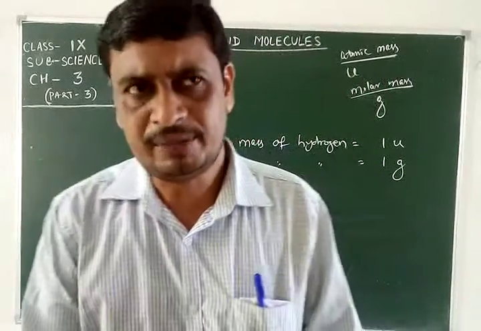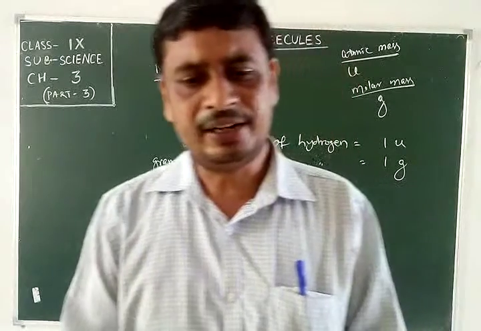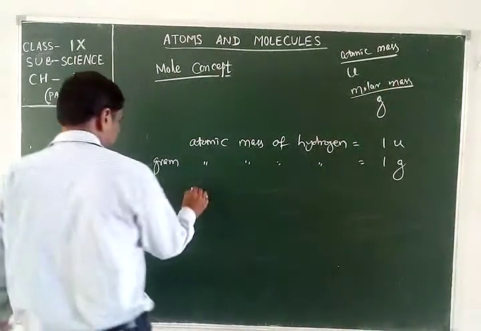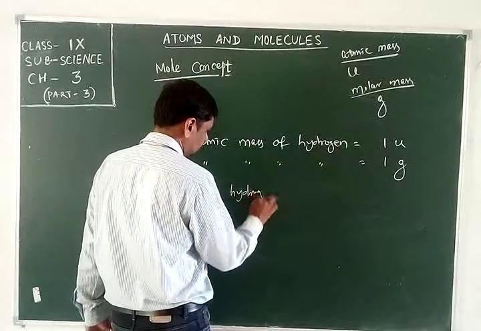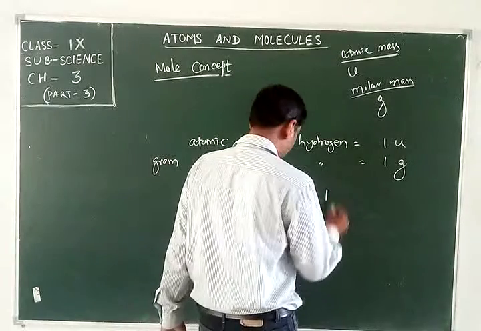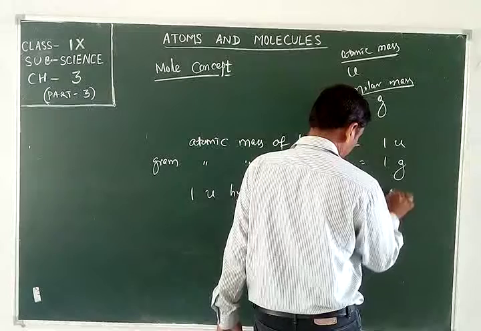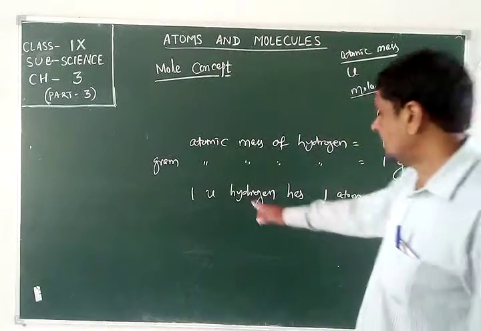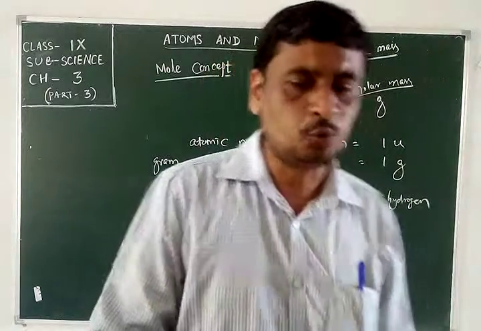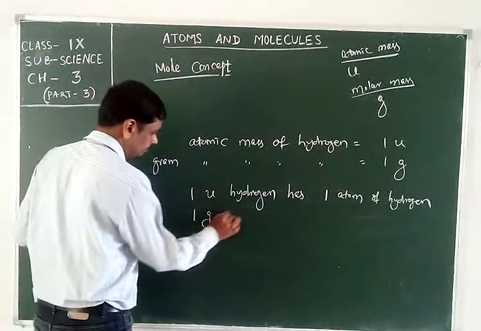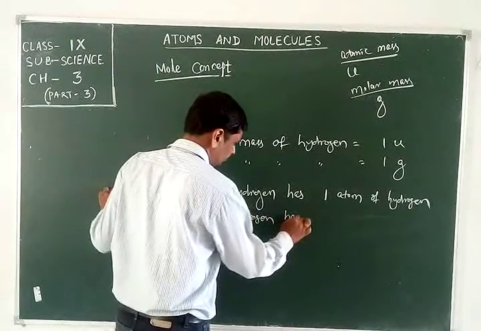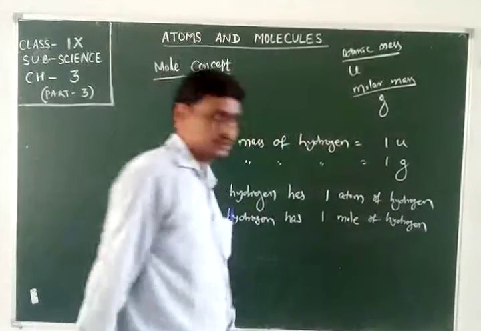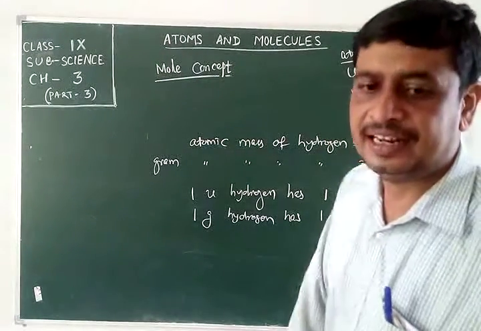1 unit hydrogen has 1 atom of hydrogen. If we take 1 unit of hydrogen, it has only 1 atom of hydrogen, but 1 gram hydrogen has 1 mole of atoms.